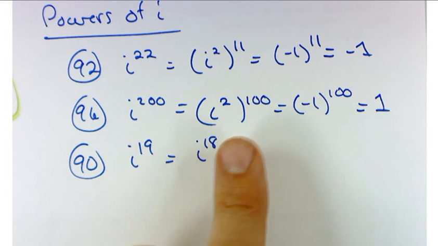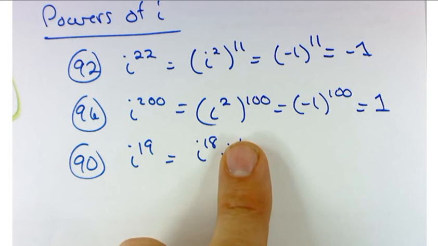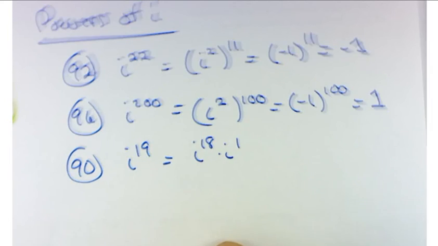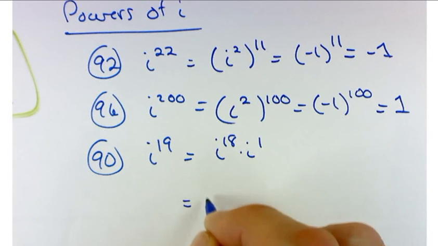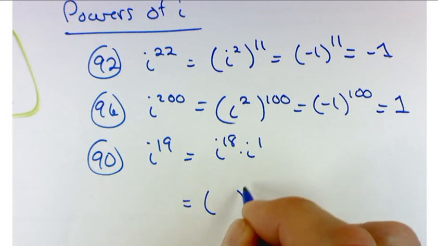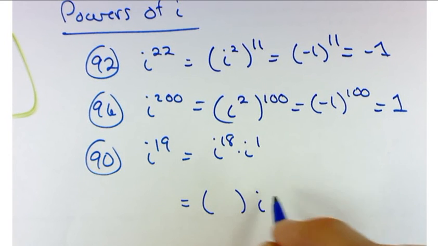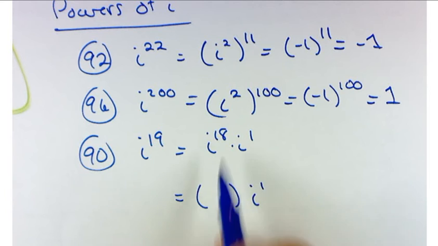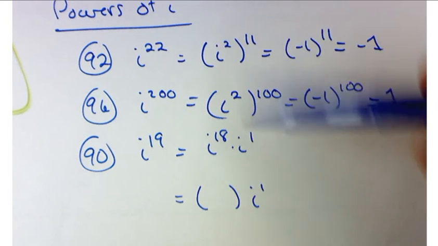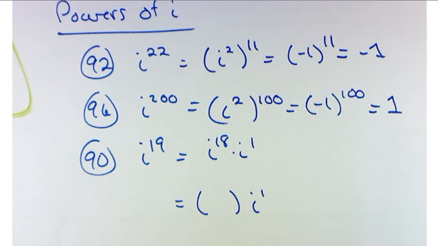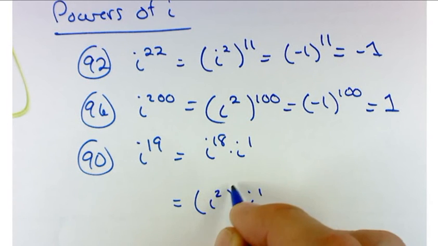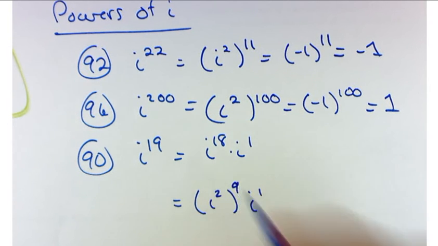We're just going to not really do much with the I to the first power here. But let's work with the I to the 18th. I'm going to keep that I out here. But how can I rewrite I to the 18th, much in the same way I did with 92 and 96? I to the second raised to the 9th power.